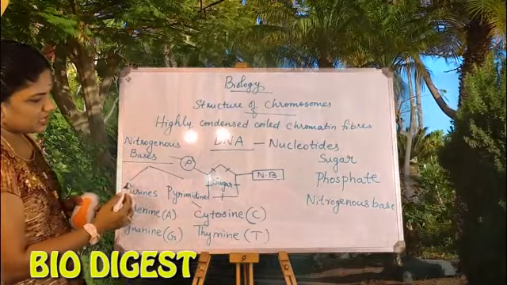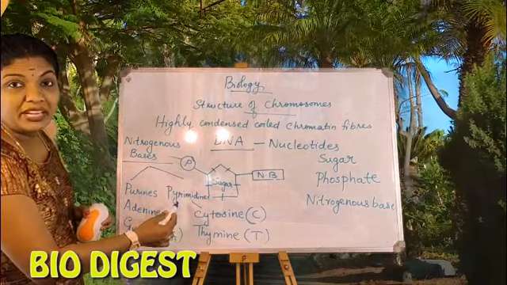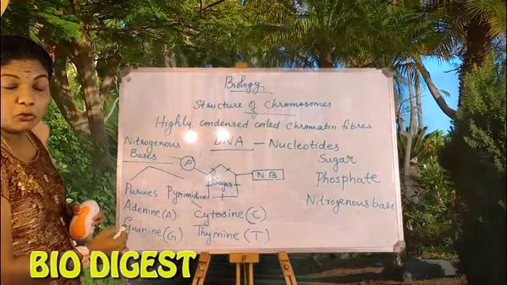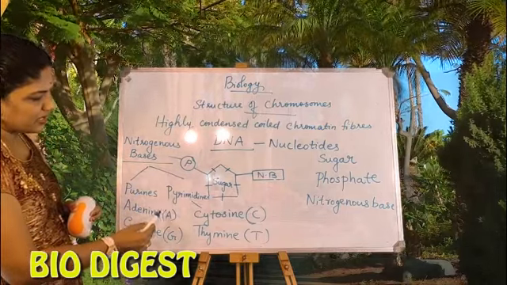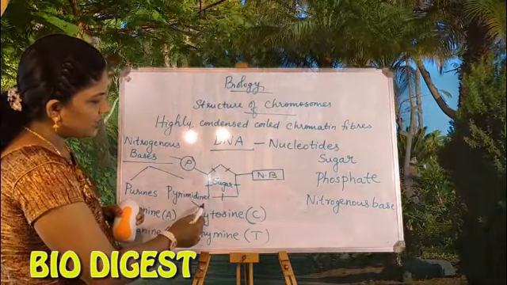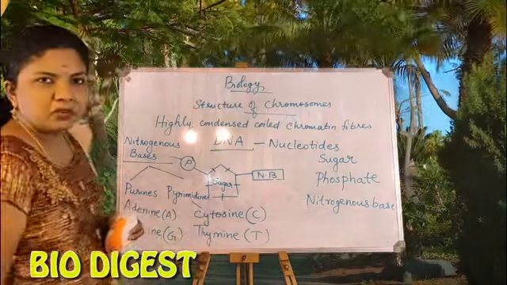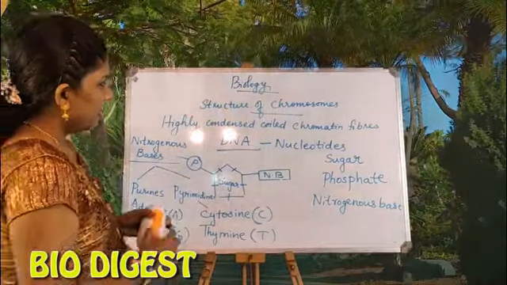Nitrogenous bases are actually divided into 2, purines and pyrimidines. Which are the purine bases? Adenine and guanine, represented as A and G respectively. And the pyrimidines are cytosine and thymine, represented as C and T respectively.